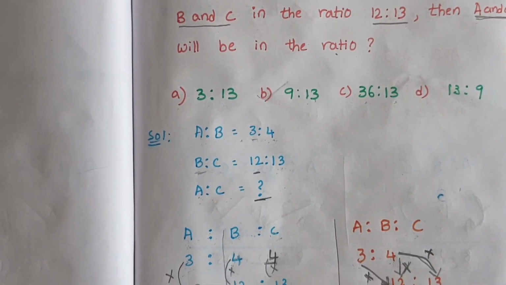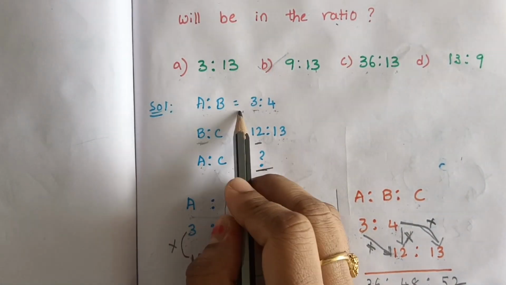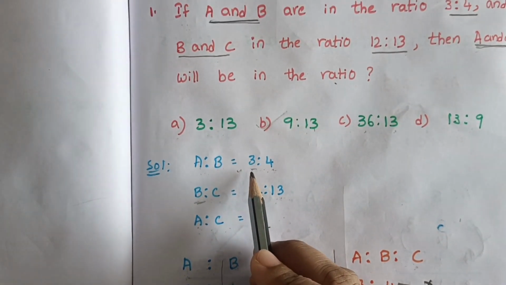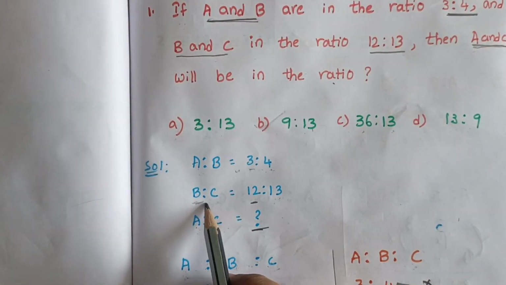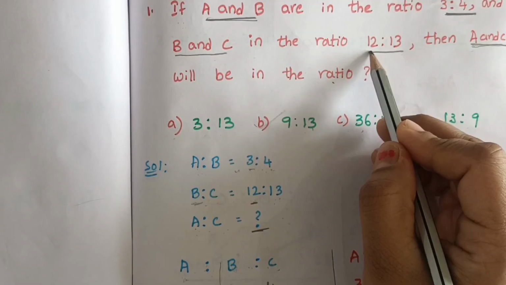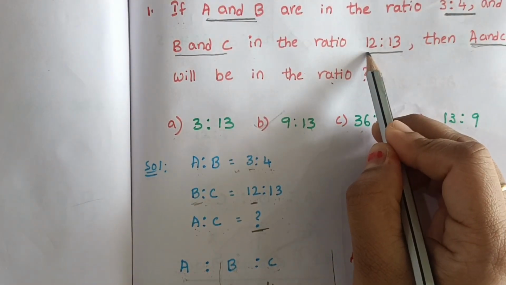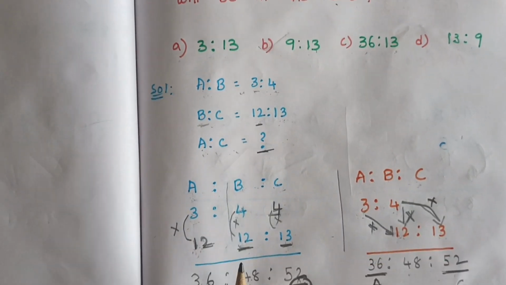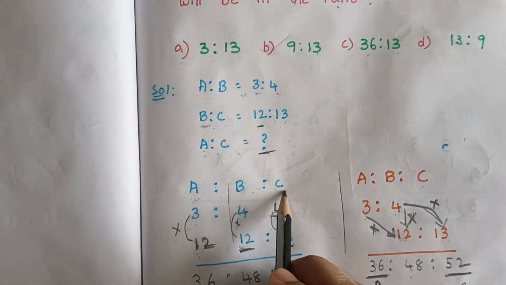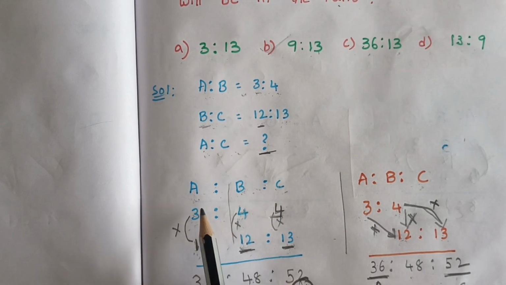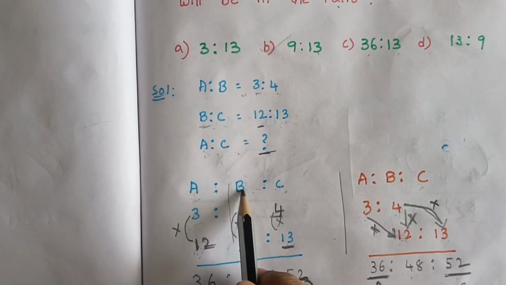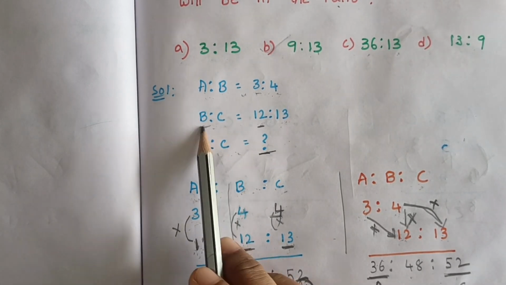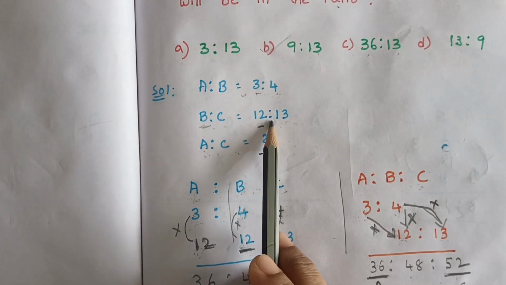Let's find the solution. A is to B is 3 is to 4 and B is to C is 12 is to 13. We need to find A is to C. So we will write A is to B is to C. 3 is to 4 in the place of A is to B, and B is to C values are 12 is to 13.